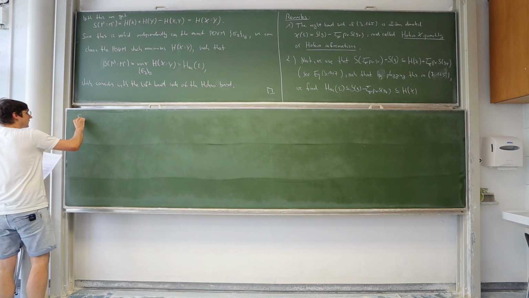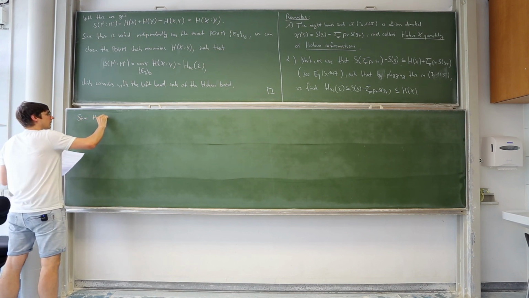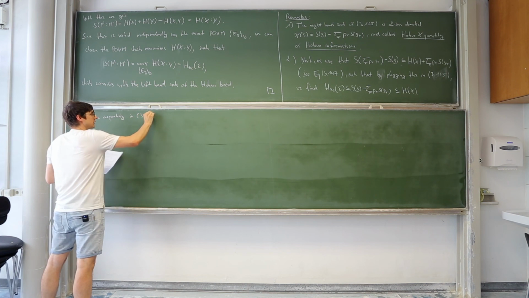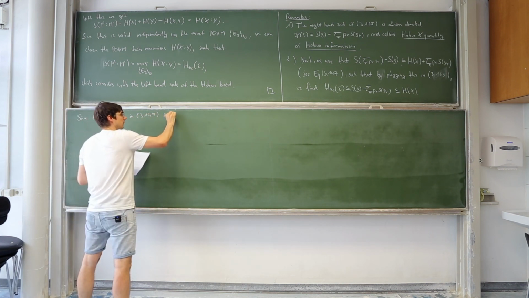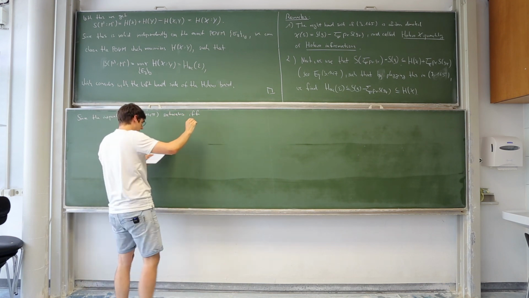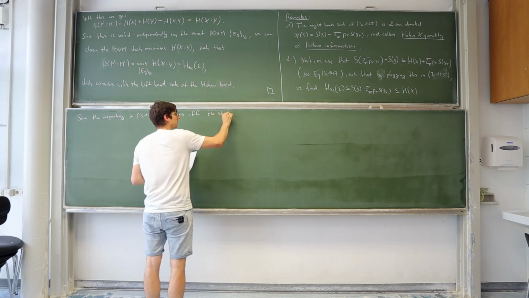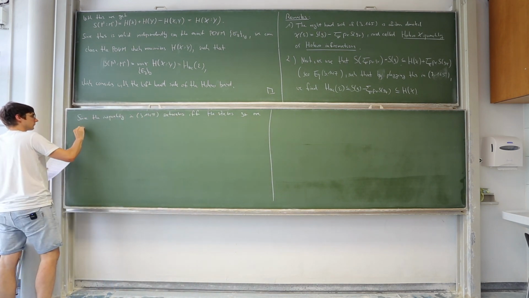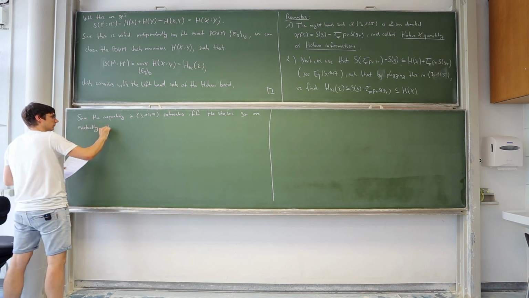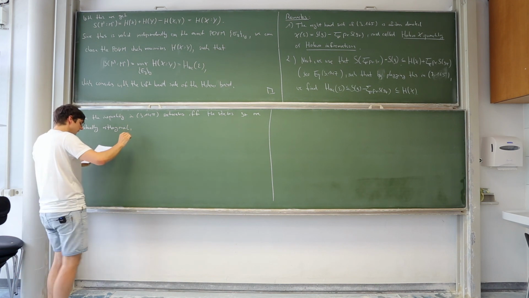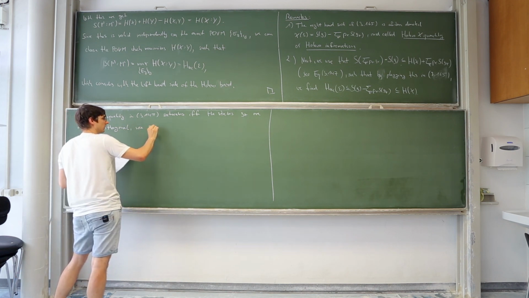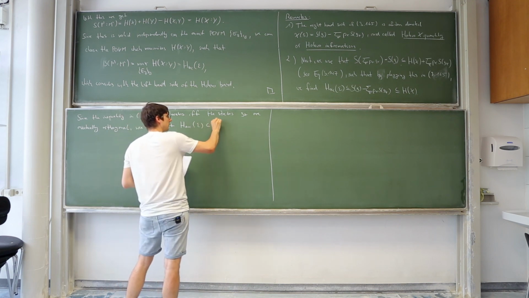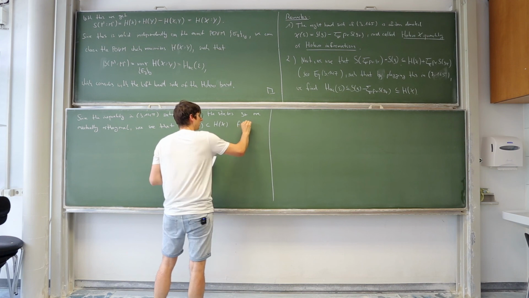So let's write this down: since the inequality in 3.147 saturates if and only if the states rho_x are mutually orthogonal, we see that the accessible information is smaller than h of x for non-orthogonal states.